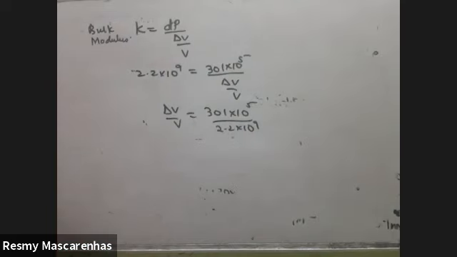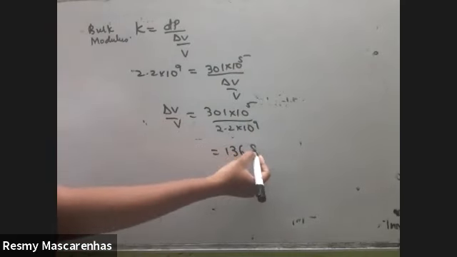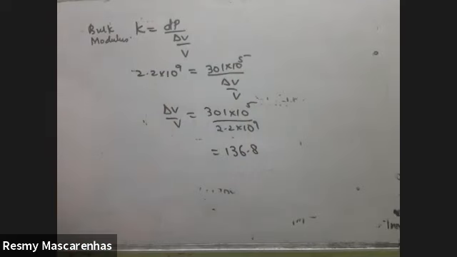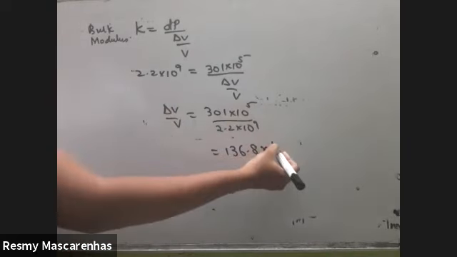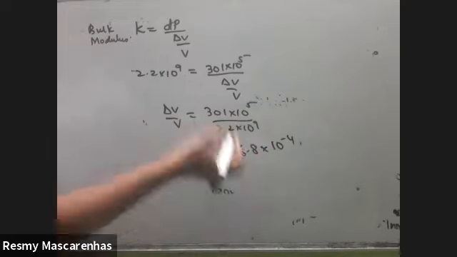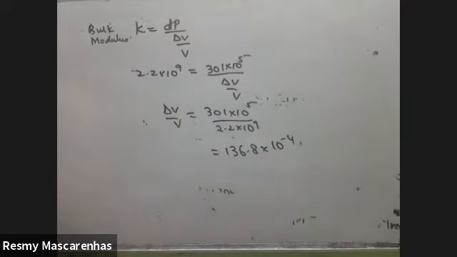So 301 divided by 2.2, and this will go up as 10 raised to minus 4. This will have no unit, because if both are volumes, the units always cancel. So the fractional change has no unit.